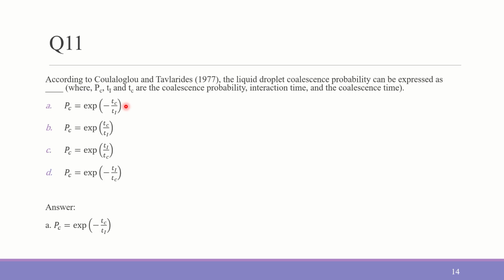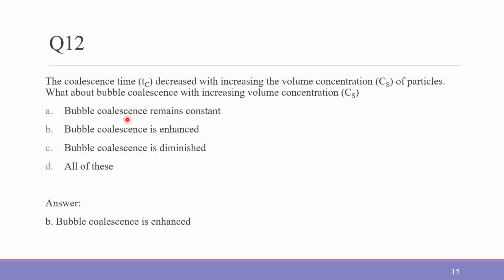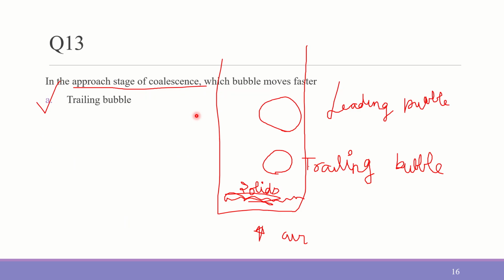And efficiency is equal to exponential of minus Tc by Ti, where Tc is the coalescence time and Ti is the interaction time. So these are the concepts we have seen. When coalescence time decreases with increasing volumetric concentration of particles, what about bubble coalescence? Bubble coalescence is enhanced.